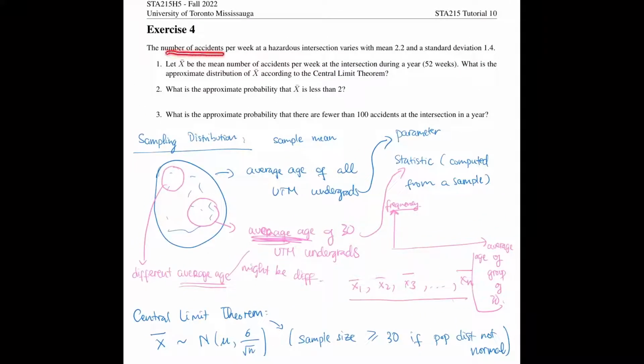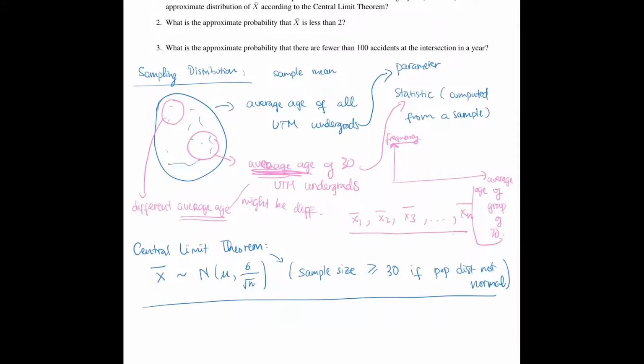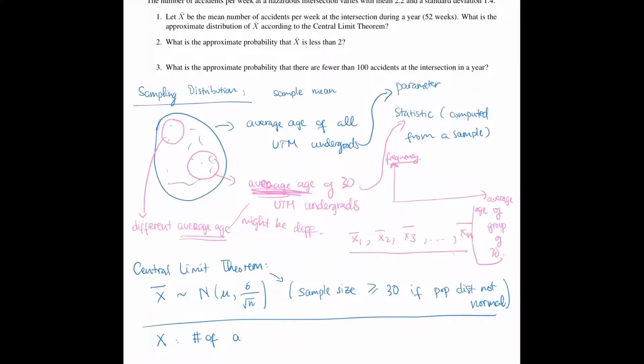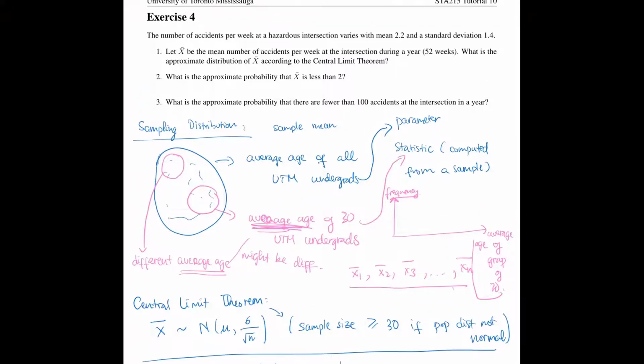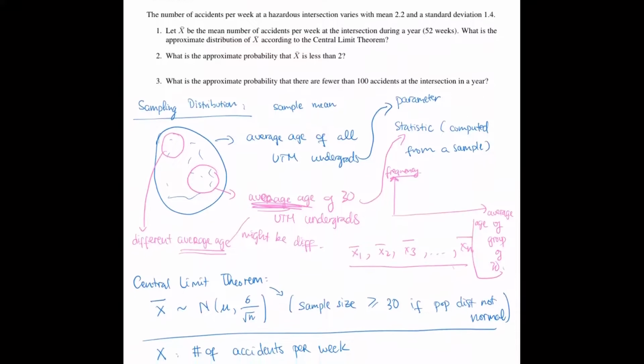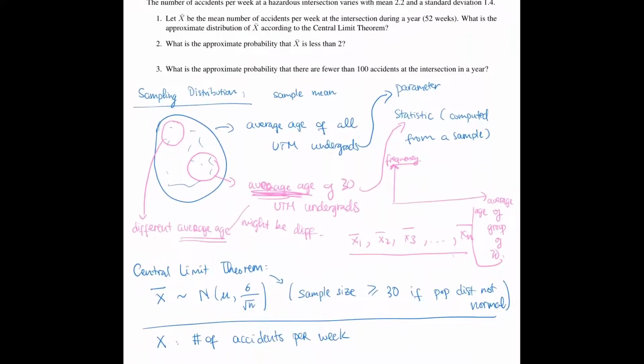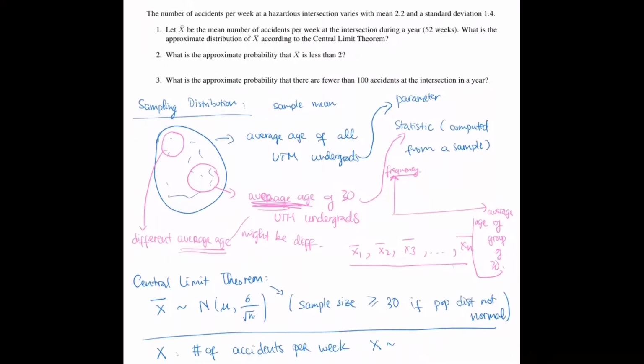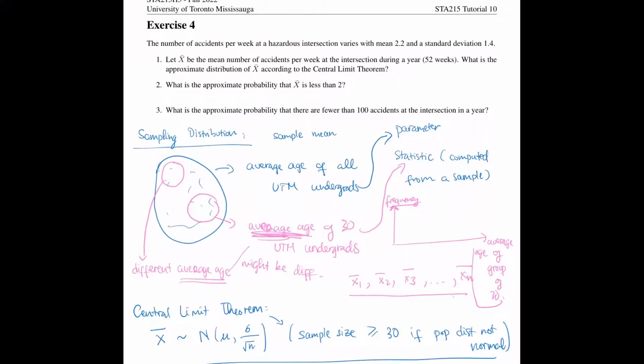Here we have the number of accidents per week, which has this mean and this standard deviation. So we let X represent the number of accidents per week. I was going to write that X follows a normal distribution, but it is not given here.